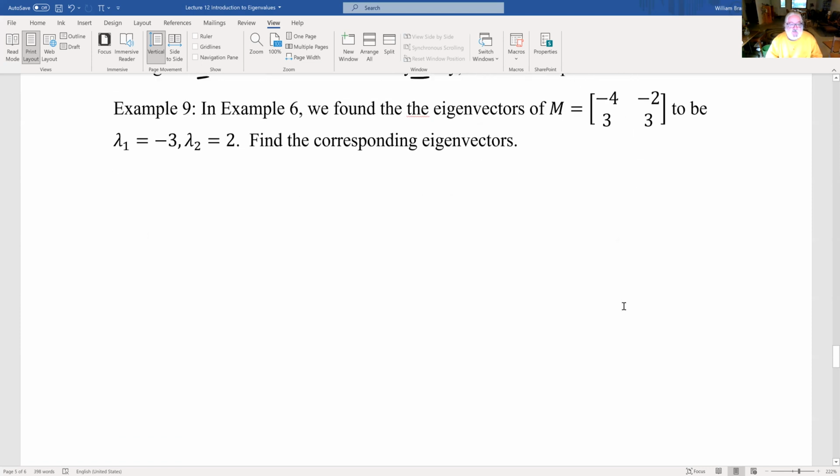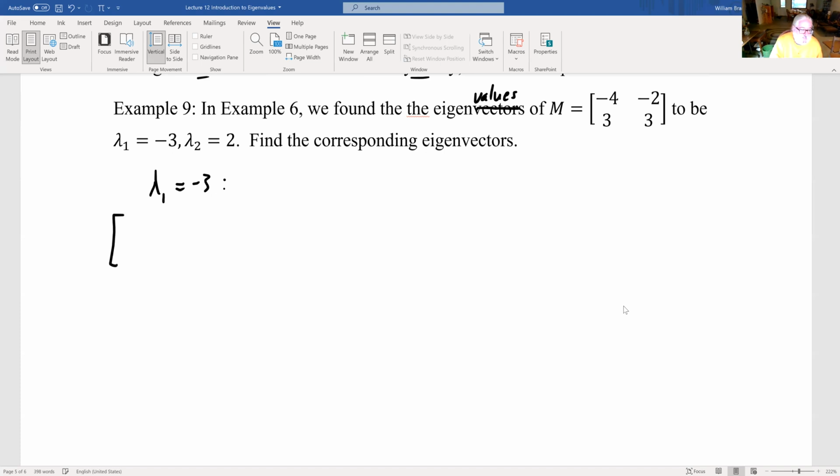So in example 6, we found the eigenvalues of the matrix -4, -2, 3, 3: lambda 1 equals -3, lambda 2 equals 2. For the lambda 1 equals -3 case, find the eigenvector.